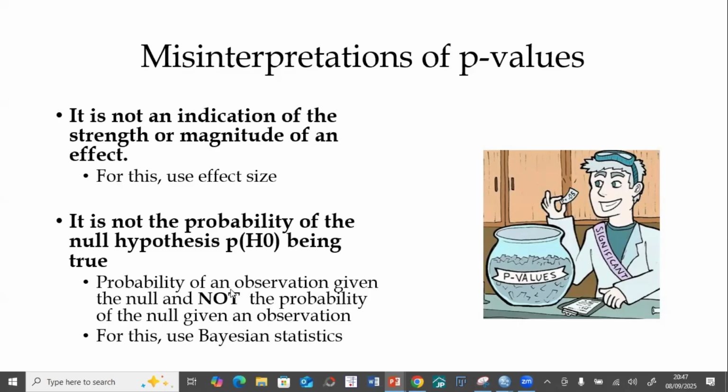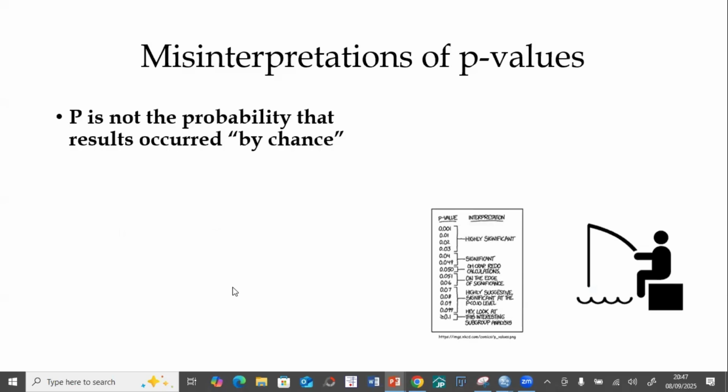The other misinterpretation of the p-value is that p-value is the probability that the result occurred by chance. So if it's less than the alpha, then it's less likely to have occurred by chance. What we need to appreciate is that p-value essentially tells us what is the probability of us getting the result when there is actually none. But it does not tell us the source of that result when there is actually no difference.